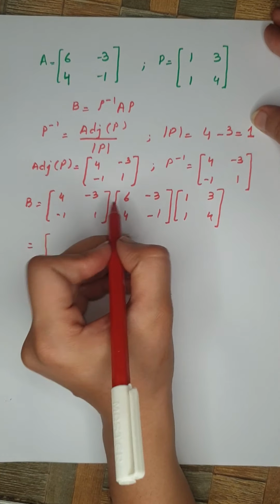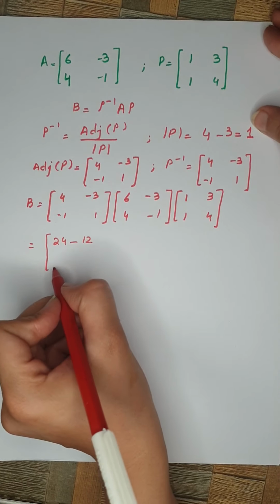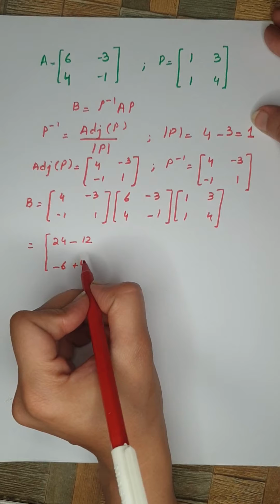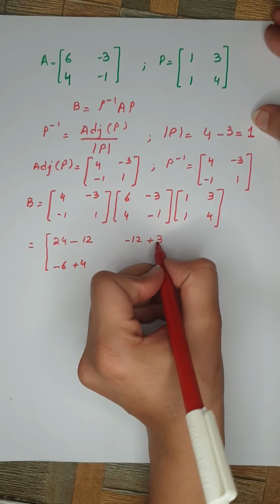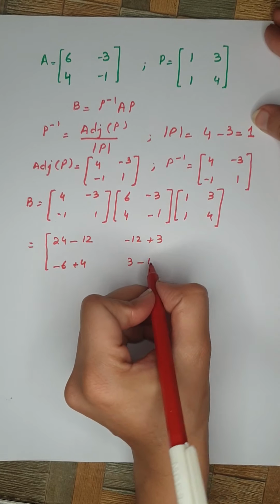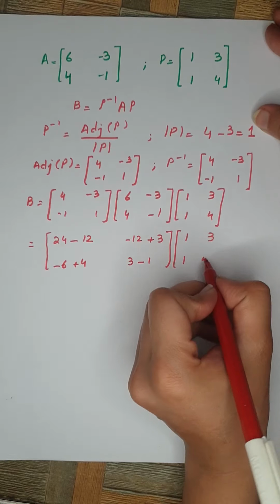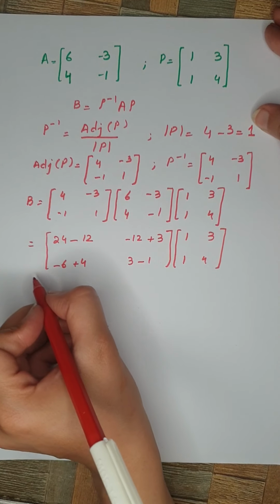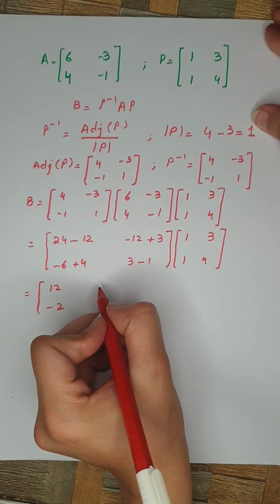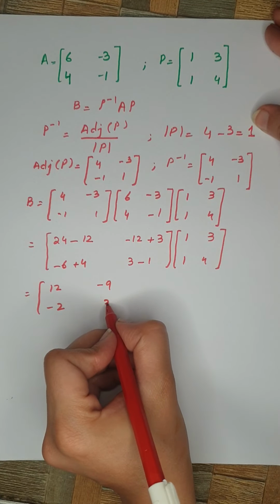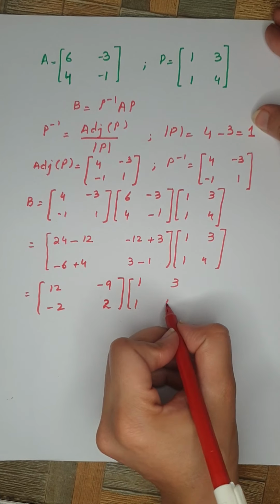So let's see, 6 fours are 24 minus 12 minus 6 plus 4, and then minus 12 plus 3 minus 1, 1 3 1 4. 24 minus 12 is equal to 12 minus 2 minus 9, then it becomes 2, and 1 3 1 4.